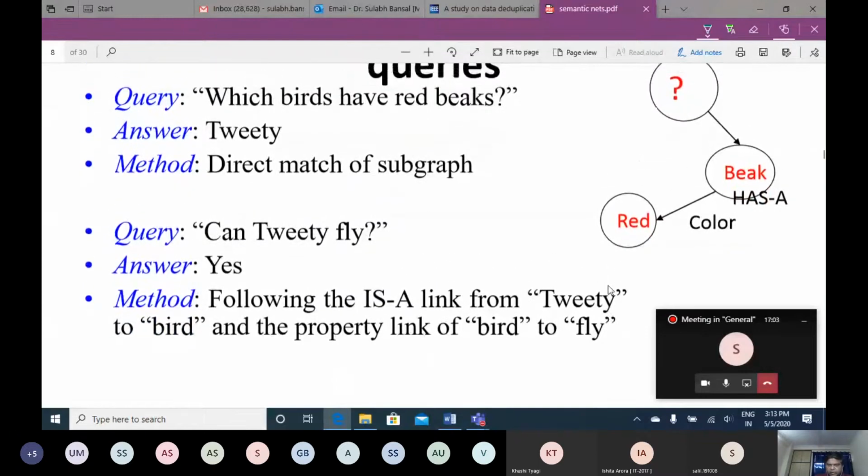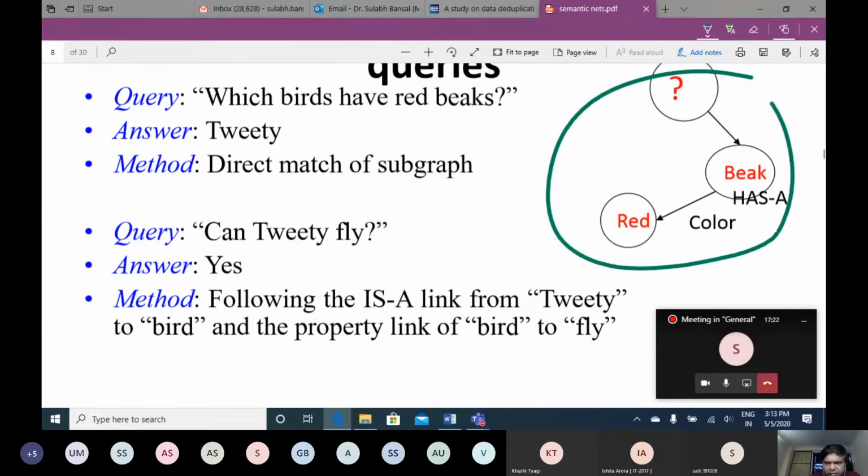So basically, you can try representing this as a semantic net. Bird has a red beak. We are looking for a bird which has a beak whose color is red. So this type of semantic net can be drawn to represent the question.